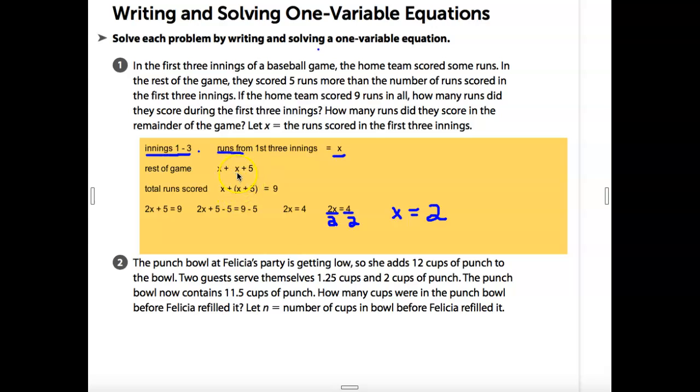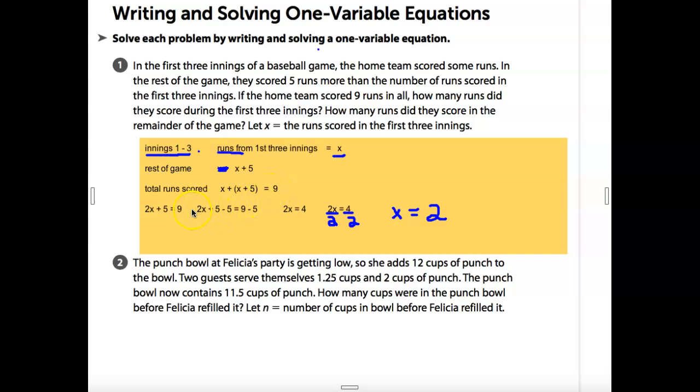So this is what they scored in the first 3 innings, and they scored 5 more than that for the rest of the game. So now we've got X plus 5 equals 9. This is the first 3 innings, X, plus the rest, X plus 5, and altogether they had 9.